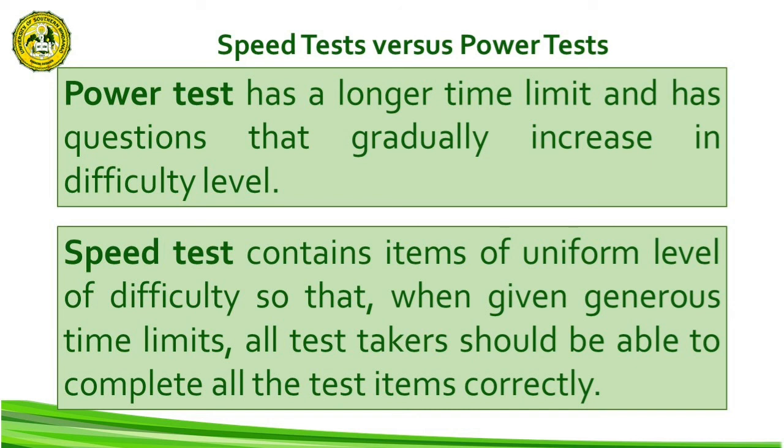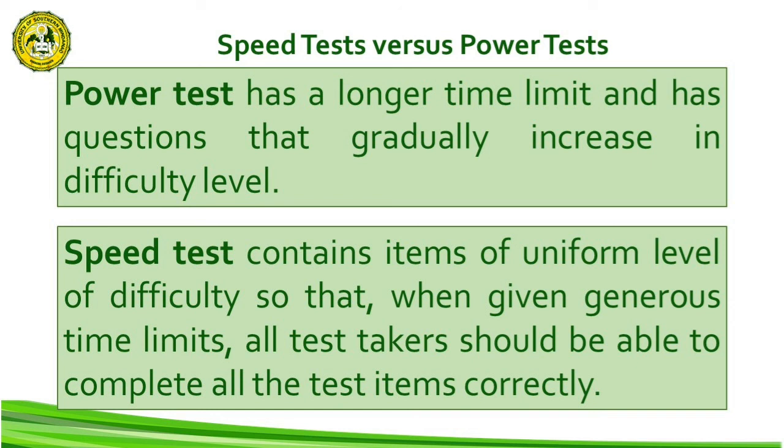Pero ang main difference niya sa speed test is yung items niya, there are varying difficulties. So there are items na grabe kahirap na parang hindi na siya kayang i-answer ng test taker, or parang walang mapi-perfect na score. So that is the characteristic of a power test.